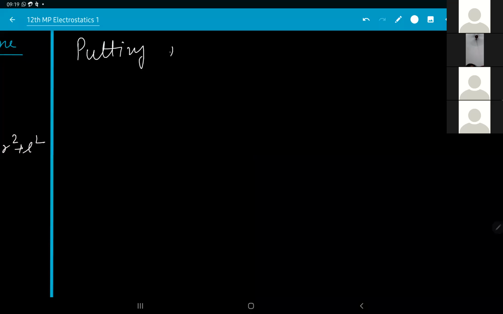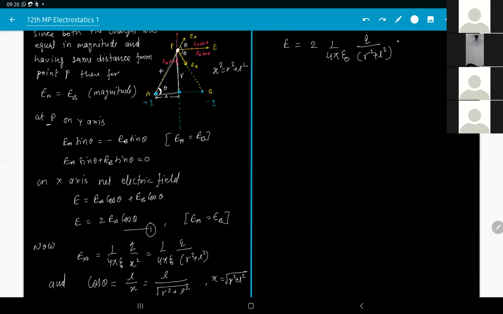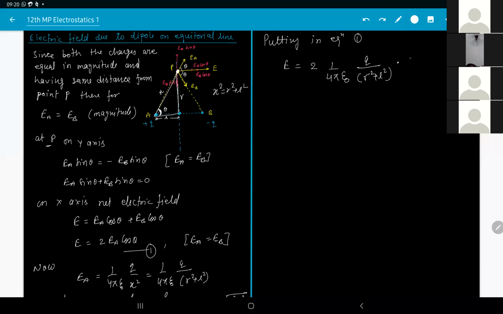Putting in equation 1, we will have E is equal to 2 times EA, means 1 upon 4 pi epsilon naught Q by R square plus L square multiplied by cos theta, and the value of cos theta is L by root R square plus L square.